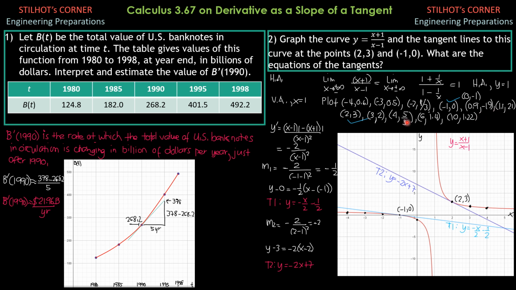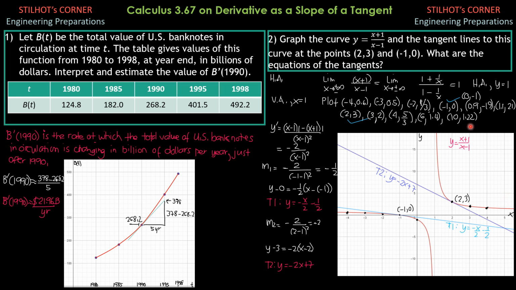Then when x is 2, y is 3. When x is 3, y is 2. When x is 4, y is 5/3 or 1.667. When x is 6, y is 1.4. Not seen here, but if you prepare another graph, then it should pass through x is 6, 1.4.